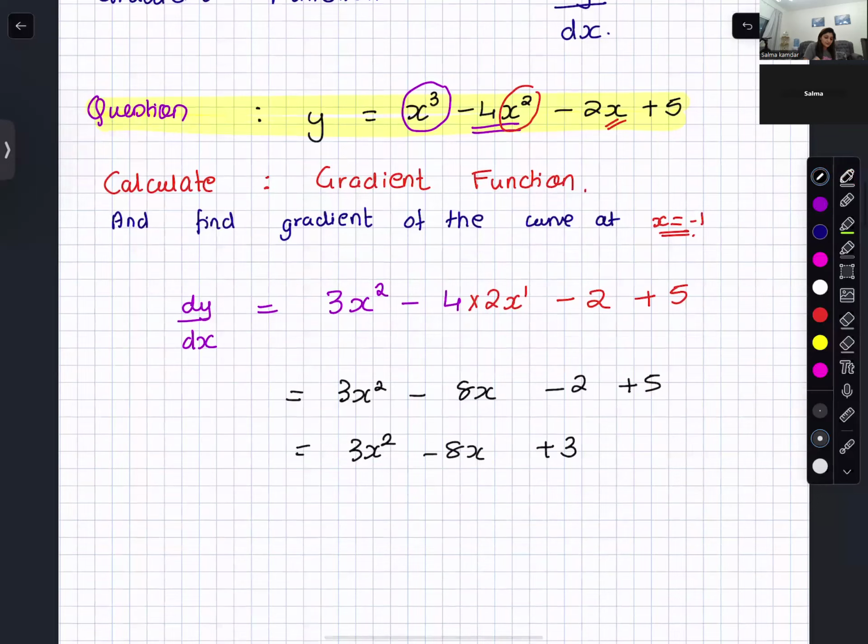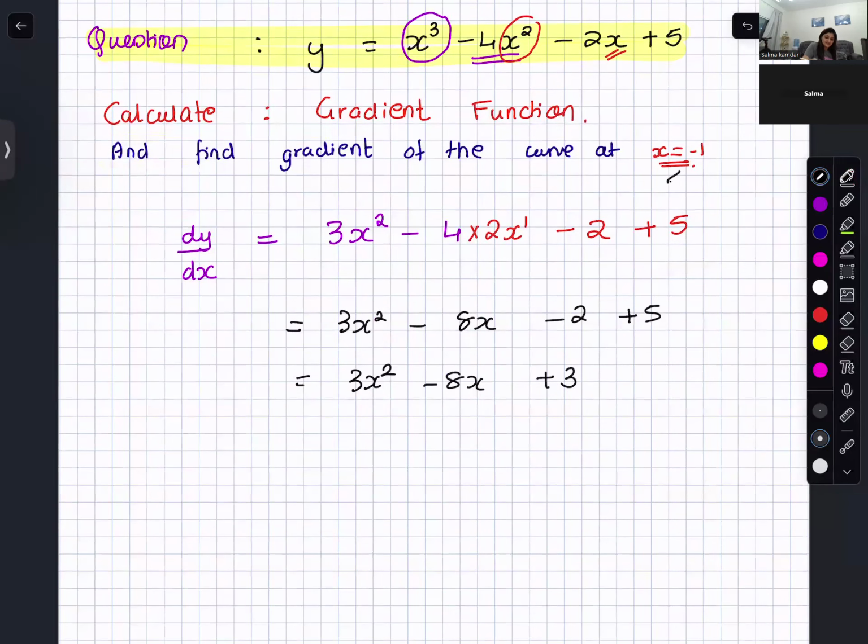Now I want to calculate the gradient of the curve when x equals minus 1. So when x equals minus 1, I am going to substitute the value of x in the gradient function.